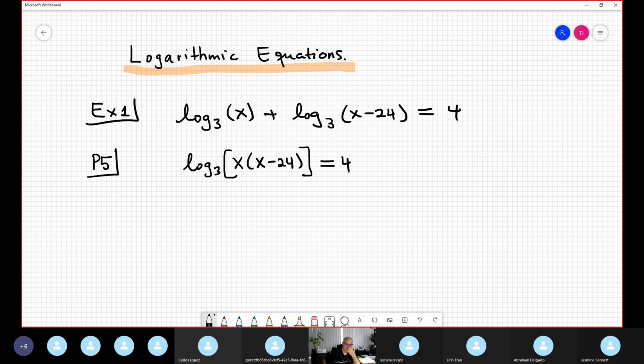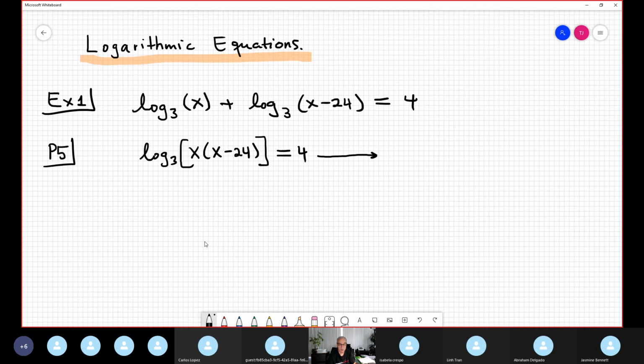Now the second step, in my opinion, is the most important. You convert this logarithmic statement to an exponential statement. On the test, write the conversion to exponential so I see you understand very well the action. And remember how we convert? I ask myself, what's the base? The base is 3.